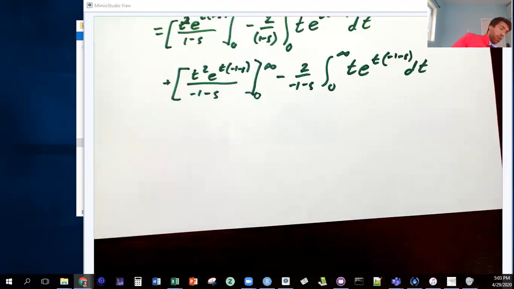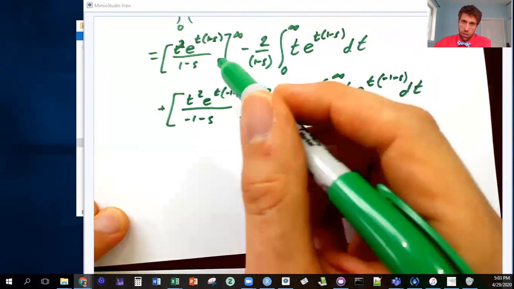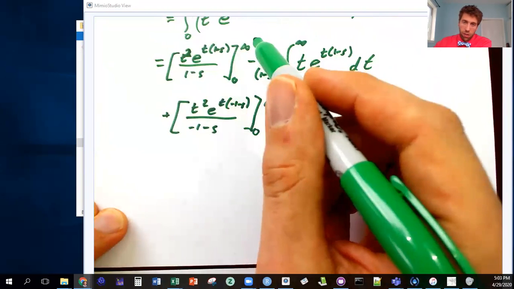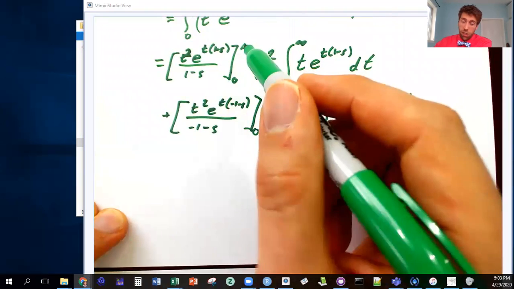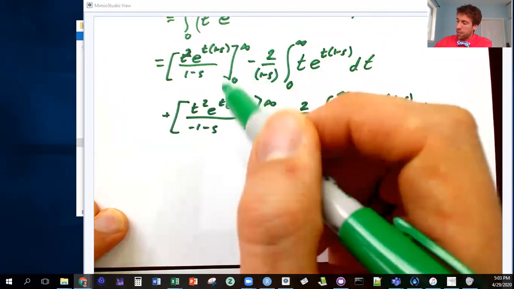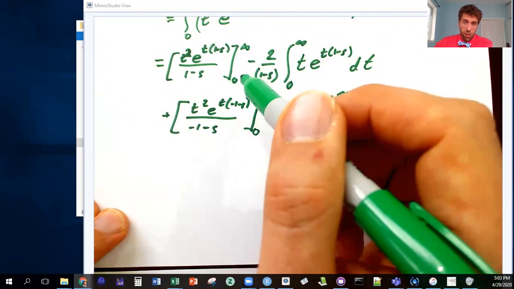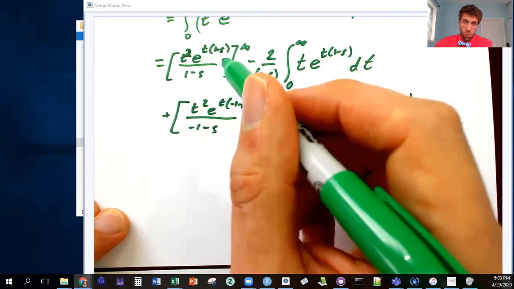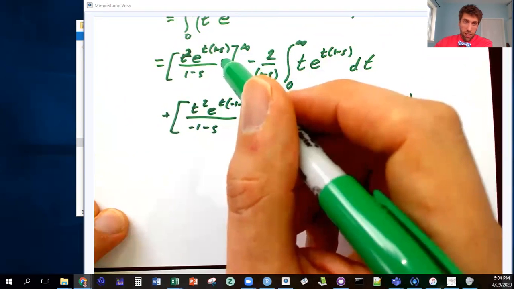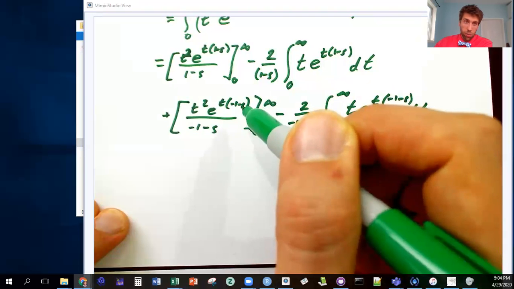Which means I'm going to need to grab another piece of paper. All right, so these terms go to 0 as t goes to infinity, as long as, what condition do I need? I need 1 minus s and negative 1 minus s to be negative numbers. So for 1 minus s to be negative, s has to be greater than 1, and s greater than negative 1.